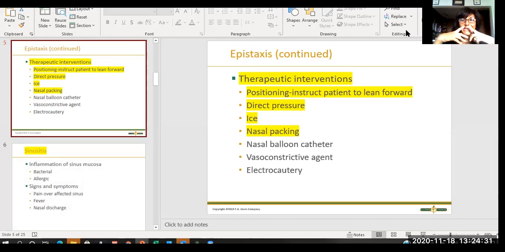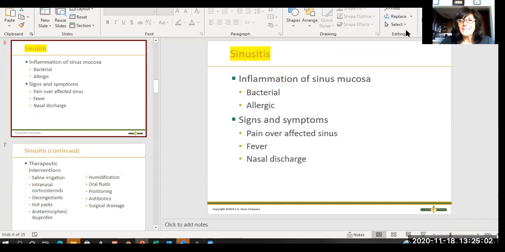Sometimes if it's really bad, nasal packing to get the bleeding to stop. There are extreme circumstances where vasoconstrictive medications to seize up those blood vessels are used, or electrocautery. Cauterization is basically burning the ends of the little blood vessels inside the nose so they don't bleed, okay? So all you need to know is lean them forward, direct pressure to the bridge of the nose, and put ice on there. That'll help it stop.